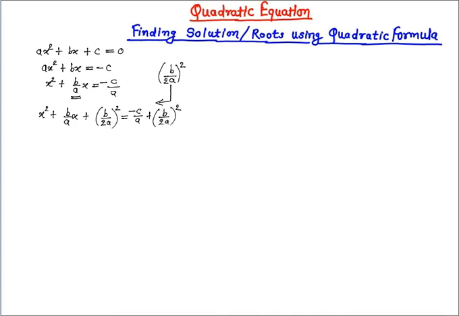Now, if you observe left hand side, it is in the form of a square plus 2ab plus b square. So, we can write this as a plus b whole square, that is x plus b by 2a whole square, and what is the right hand side? Minus c by a plus b square by 4a square. Now, if you solve right hand side, what you get?